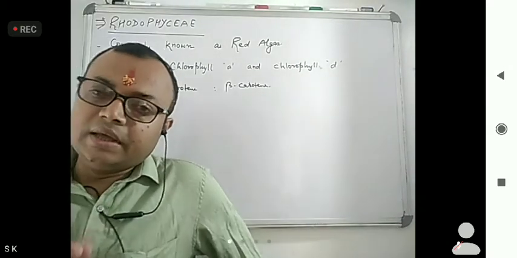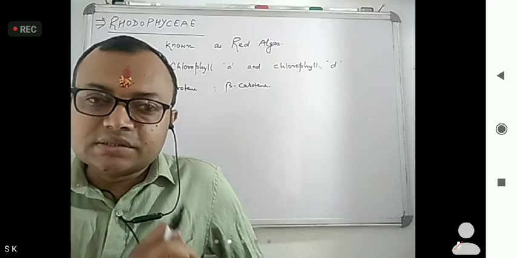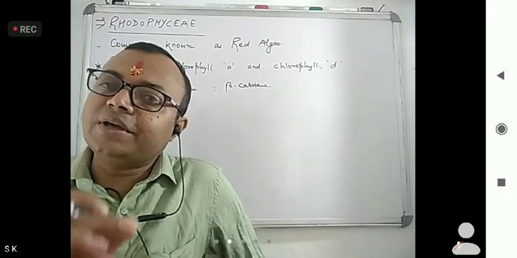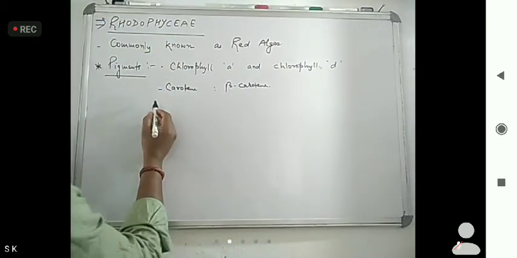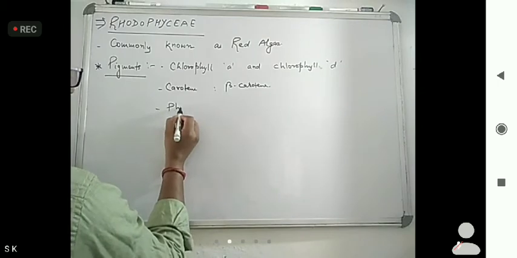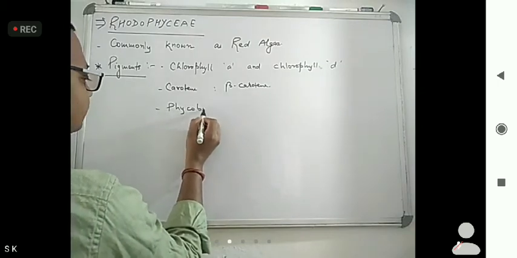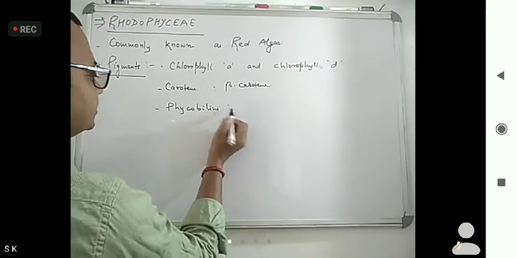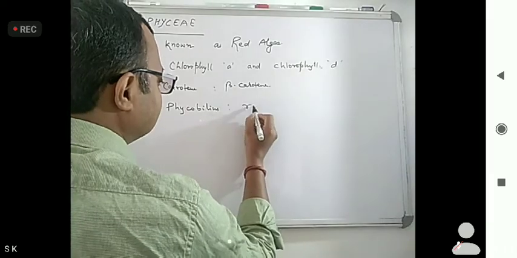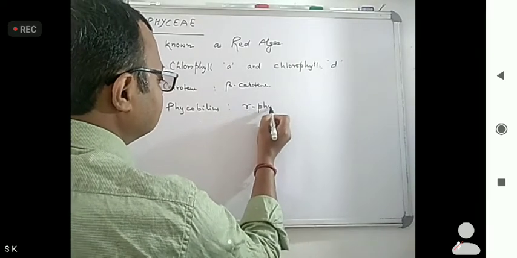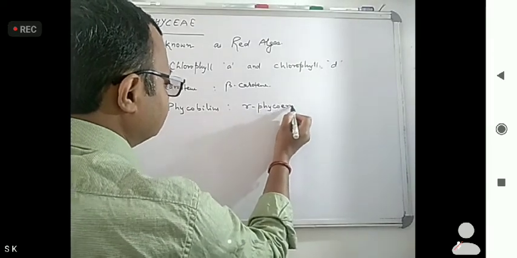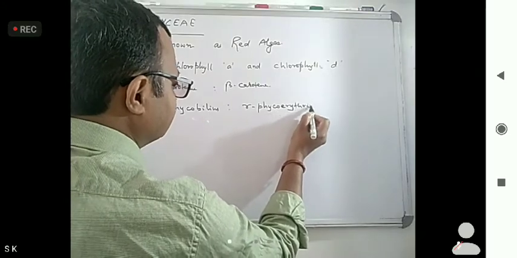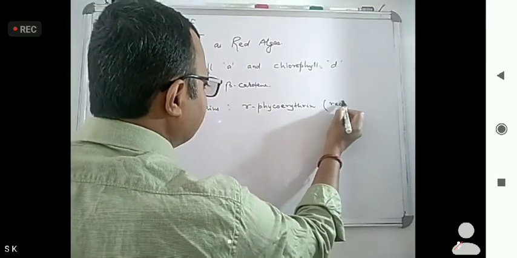Now, in phycobilins, since they are mostly red, they have phycoerythrin. So what are the pigments in phycobilins? Phycoerythrin, which provides the red color.